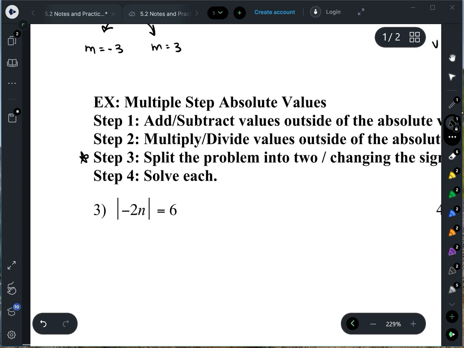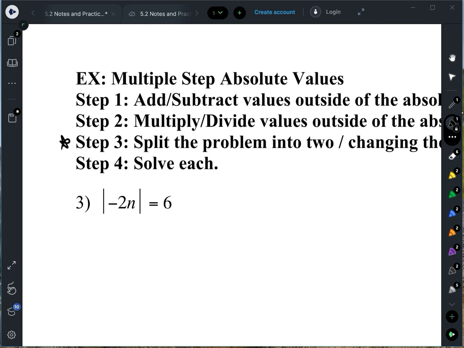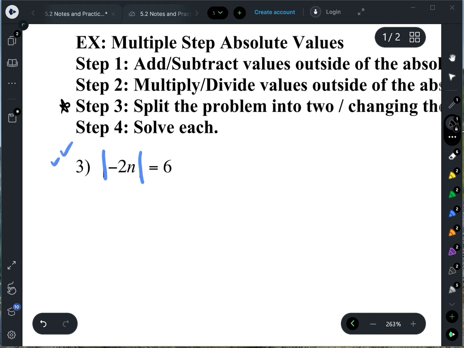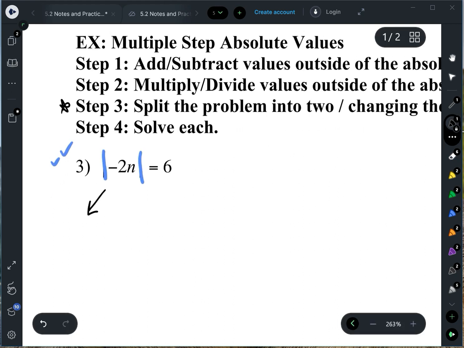So let's take care of these. We don't have any values outside the absolute value, so we don't need to do step 1 or step 2. Once that absolute value is by itself, we can split this into 2 problems.